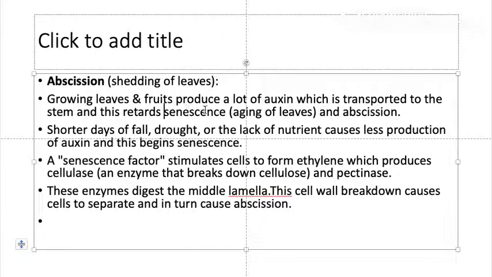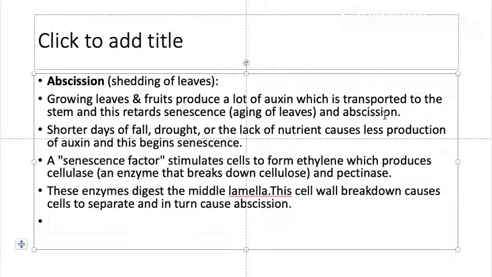Even the trees which have fruits, the ripening time will be increased if we add the auxins. Okay, so let's read. Abscission: the growing leaves and fruits produce a lot of auxins, which is transported to the stem, and this retards or slows down senescence or aging of the leaves.